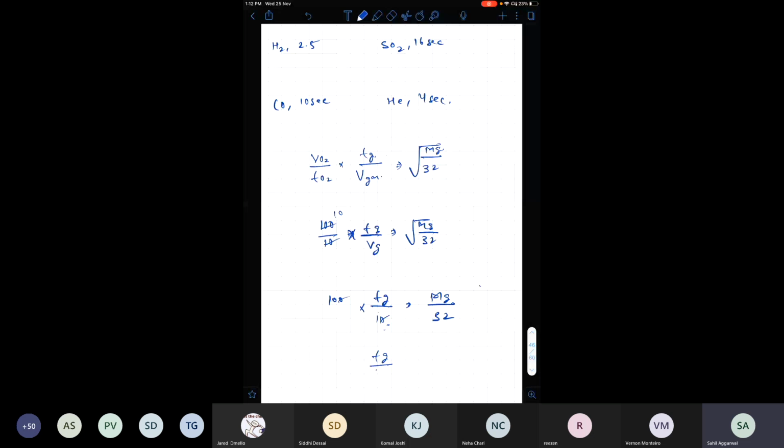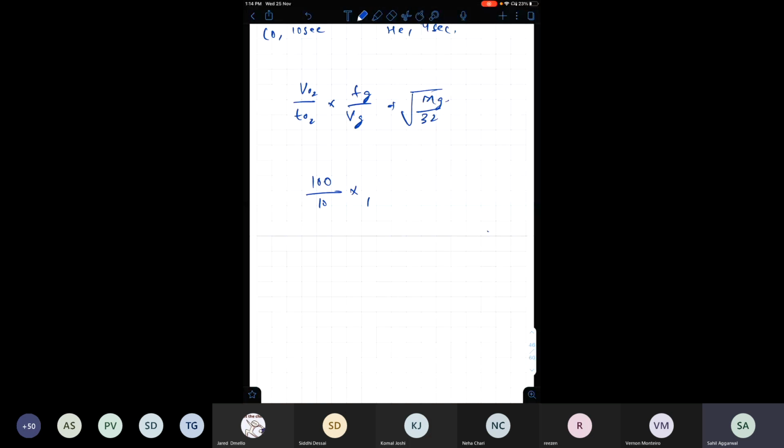Okay, I'll do it again. V of O2 by T of O2 to V of gas equals to T of gas, 32 and mass of gas. V of O2 is 100, T of O2 is 10, V of gas is 10, T of gas we do not know.